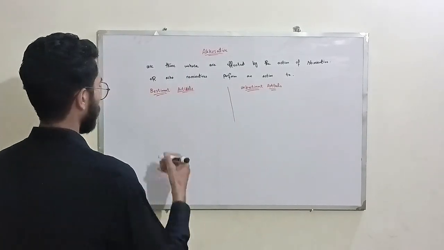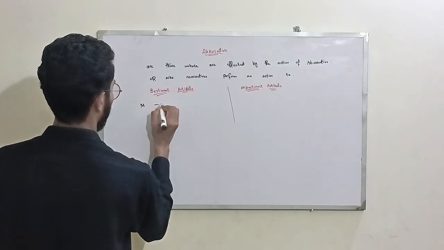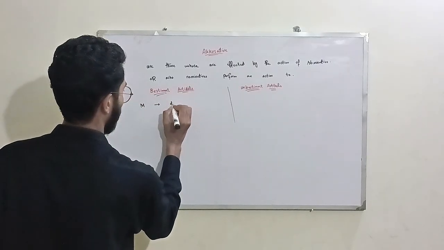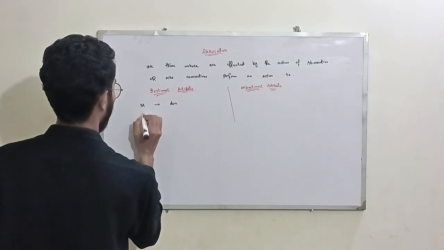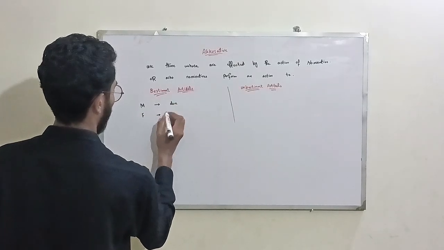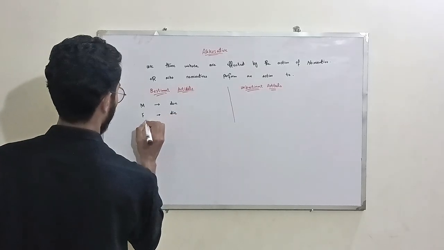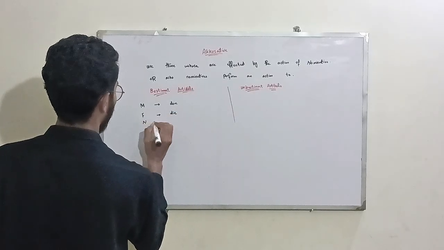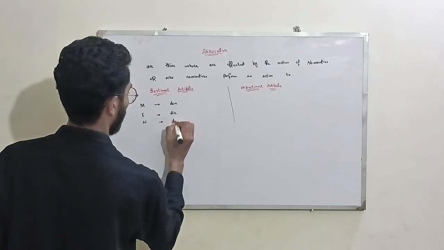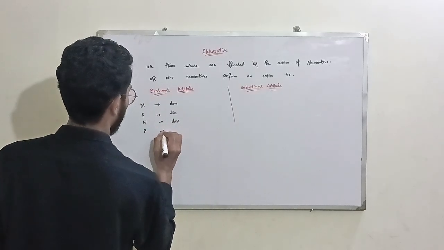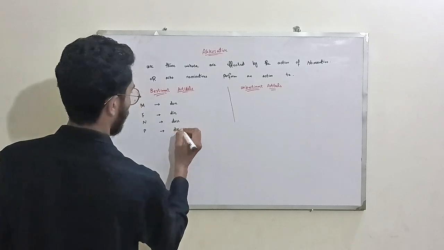For distinct articles, masculine changes from der to den. Feminine will remain the same as nominative, die. For neutral, same as nominative, das. And plural is die.